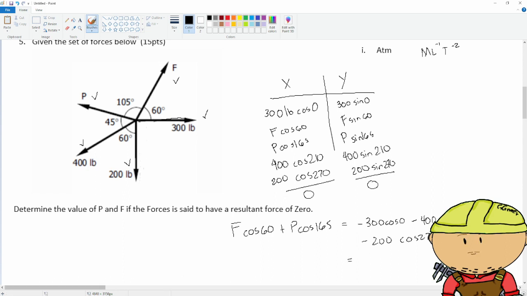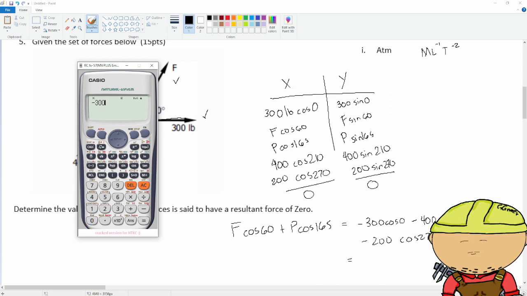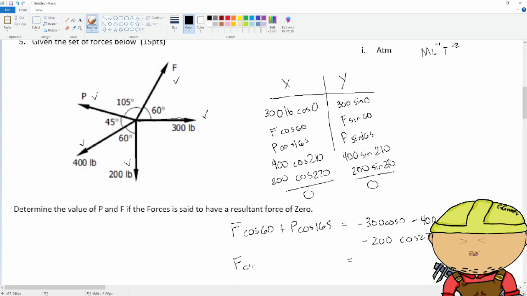I'm going to press that on the calculator now. Always make sure that you're in degree mode. It gives 46.4102, so F cosine 60 plus P cosine 165 is 46.4102 pounds. That's your first equation.